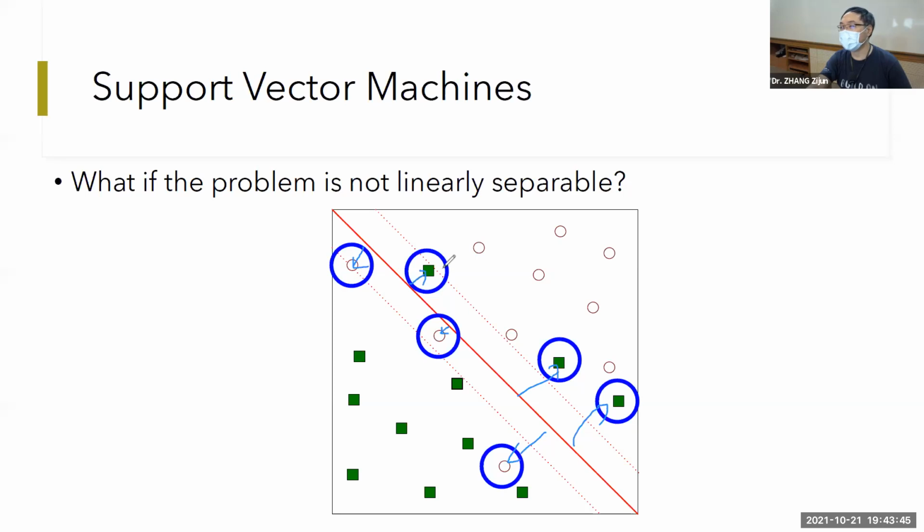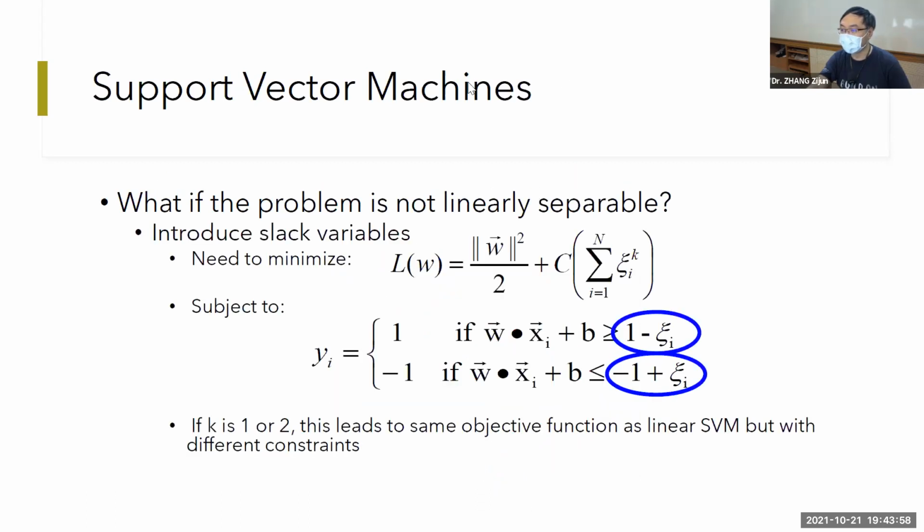So how can we calculate the violation? We add their distance together, and we want to minimize such kind of violation. Then we revise our constraints by introducing this slack variable. That means we want to classify one data point to +1, but we don't strictly require it to be larger than or equal to 1.